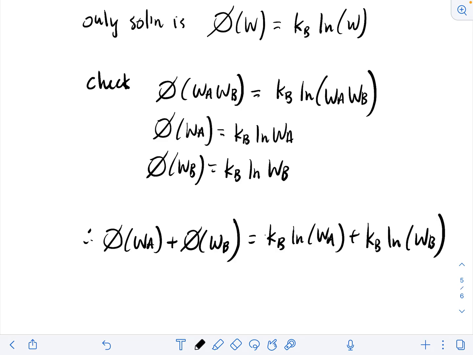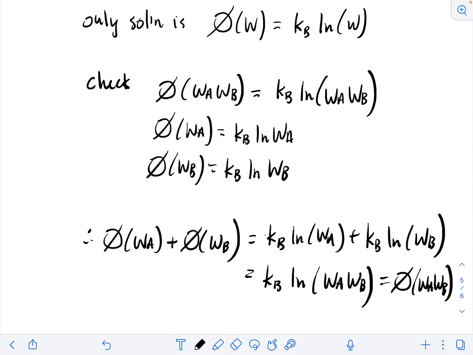But of course, the sum of lns is equal to the ln of the product. And so this is equal to KB ln WA WB, which is equal to phi of WA WB as required. Okay, and so that works.